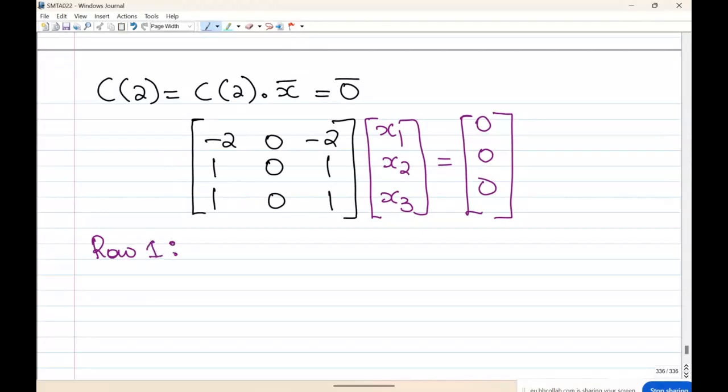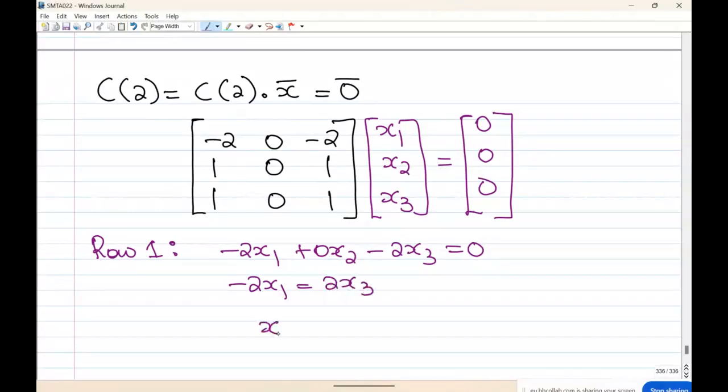You are going to have negative x1 plus 0x2 minus 2x3 equals 0. Do you see it? So from this, you are going to have minus 2x1 equals positive 2x3. Then your x1 will equal x3. Do you see it?